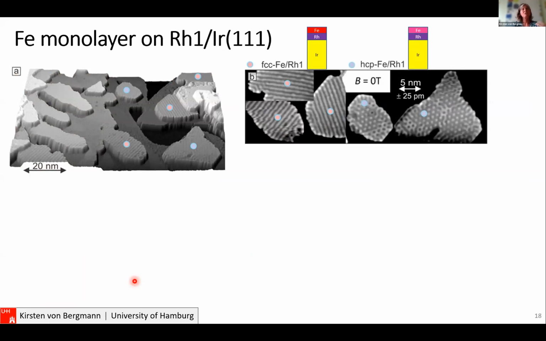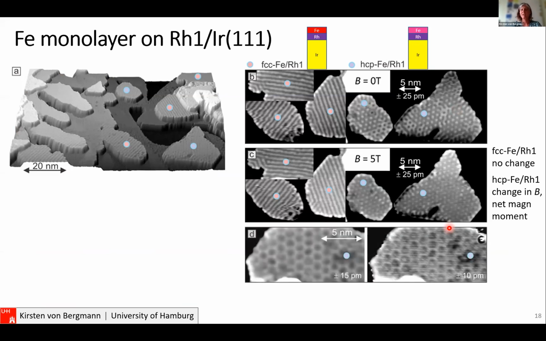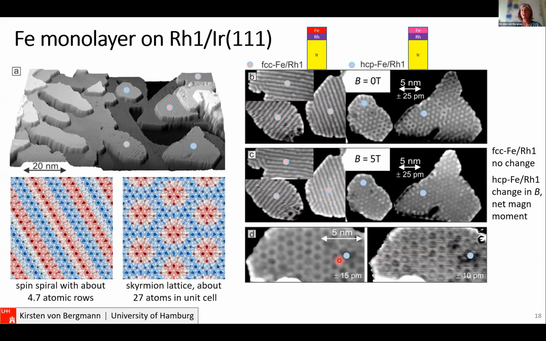Again, hexagonal shows that higher order interactions likely play a role. If we apply a magnetic field, we see changes in this hexagonal magnetic state, implying that there's a net magnetic moment. And looking at the details in atomic resolution images, we can come up with this kind of magnetic ground state for one of the stackings and this one for the other one. So this one is reminiscent of a skyrmion lattice with about 27 atoms per skyrmion.